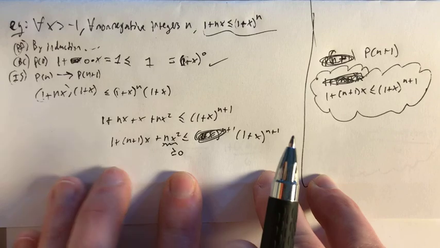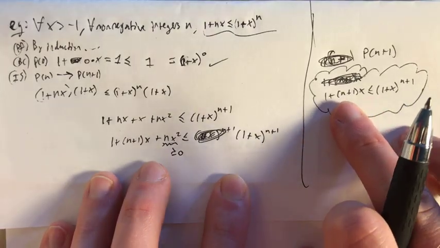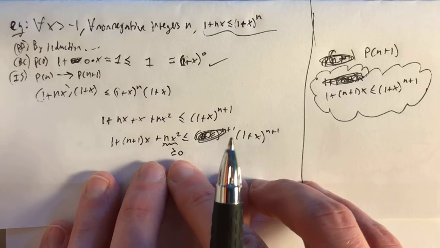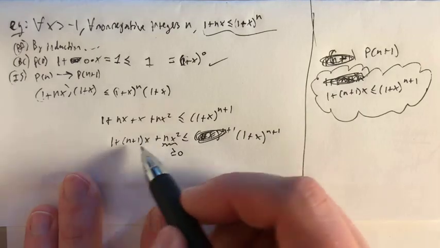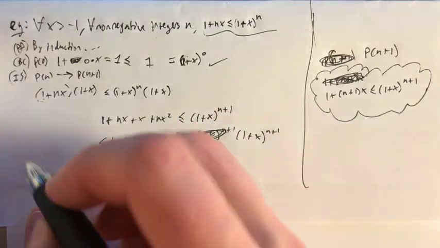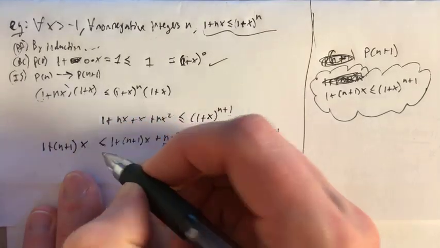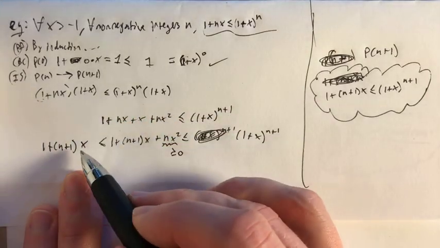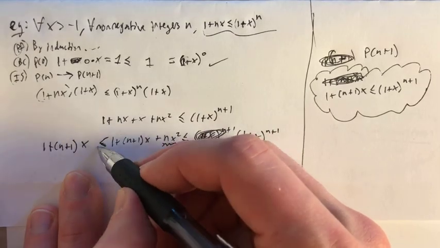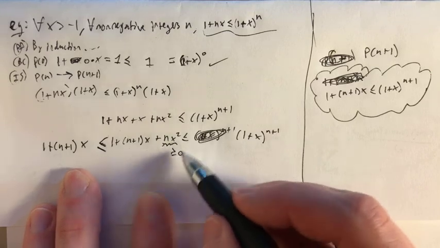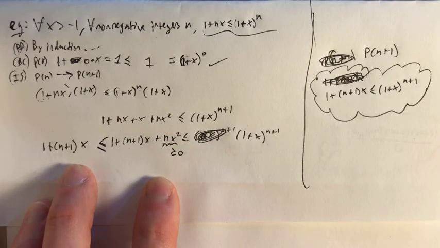Well, if I want this, and I got instead this plus something, why should that be a problem? Because this is bigger than or equal to what I want, 1 plus (n+1) times x. Look, I've got what I want. What I want is less than or equal to what I want plus something non-negative, which is less than or equal to my right-hand side.